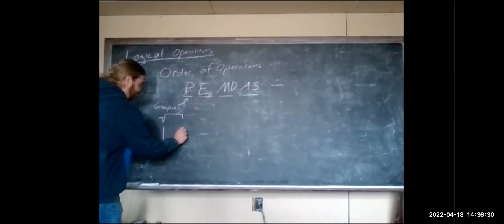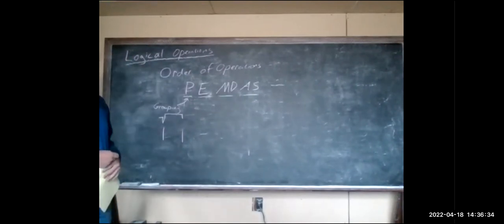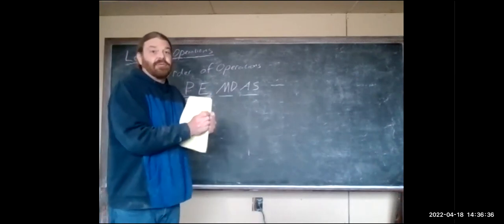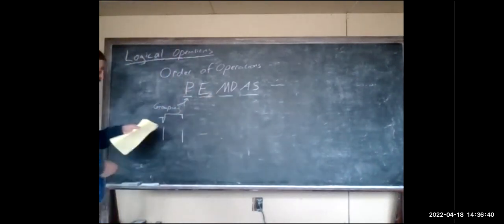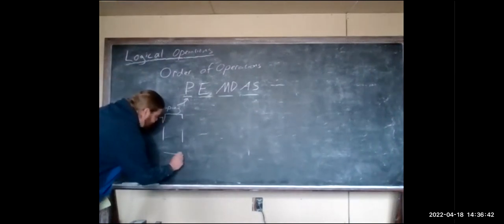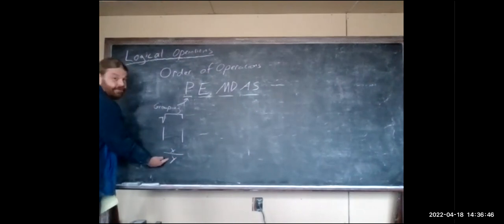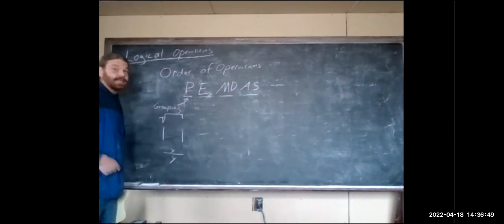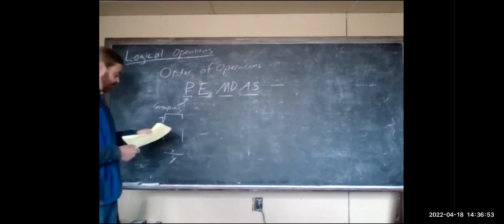Or absolute value. If we had a whole bunch of stuff between absolute value signs, we have to find all of that before we can apply it outward to the rest. Fraction bars: we want to do everything in the numerator and everything in the denominator before we treat that as division. So anything that groups our numbers together.